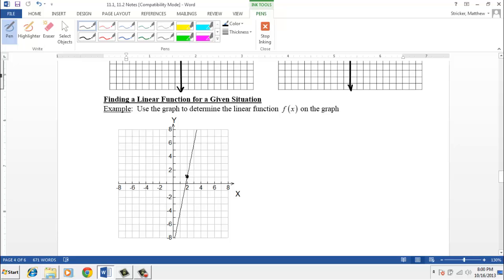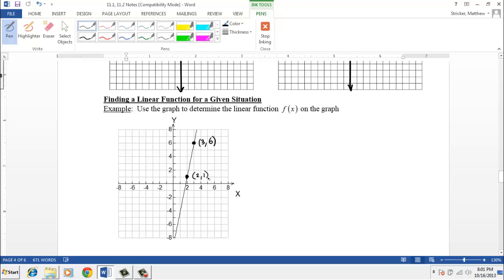For example, the point 2, 1 is on this graph. Also, none of these points actually occur at intersections, but right there, that's the intersection of x equals 3 and y equals 6.